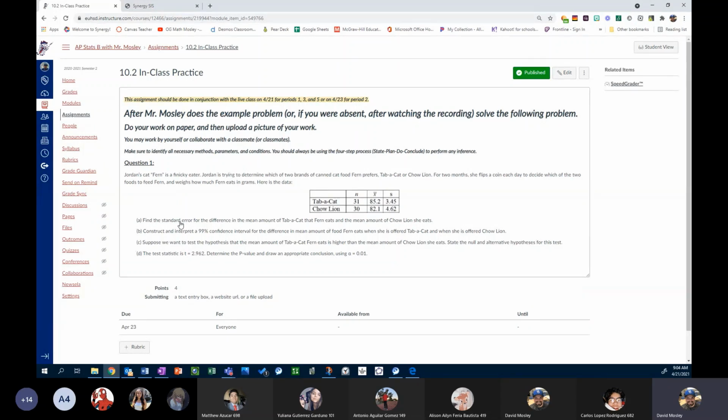For those of you live in person, and for those of you at home, I would prefer for you to do this on paper. But if you do not have it available, typing will suffice. Then I want you to upload the picture of what you've done. This is our participation for this week because we haven't had one. You can work by yourself or with other people in the room.